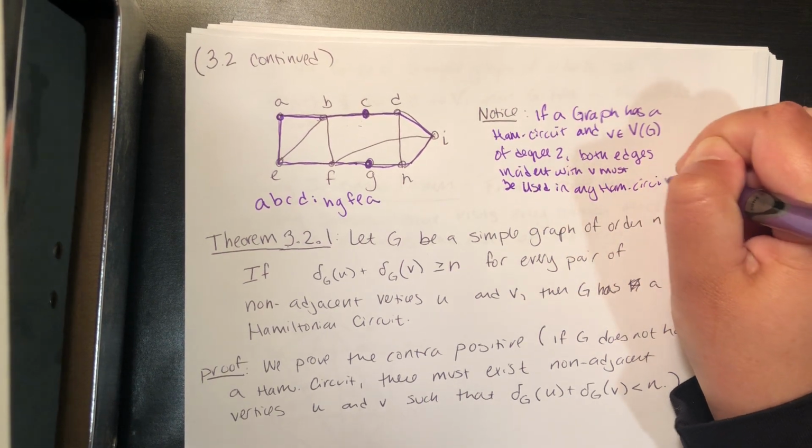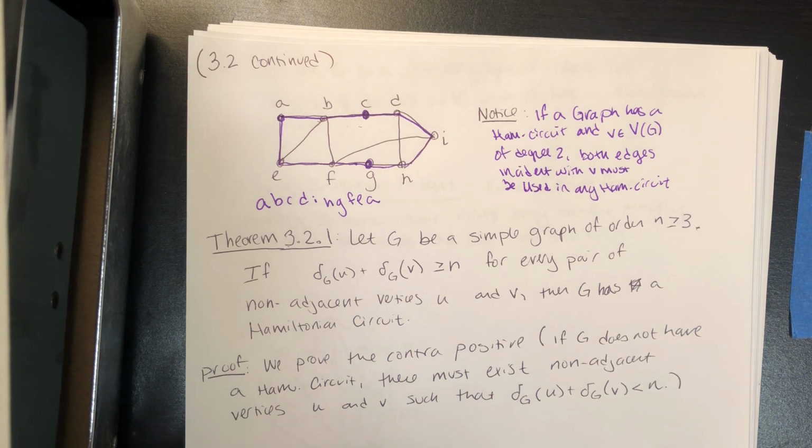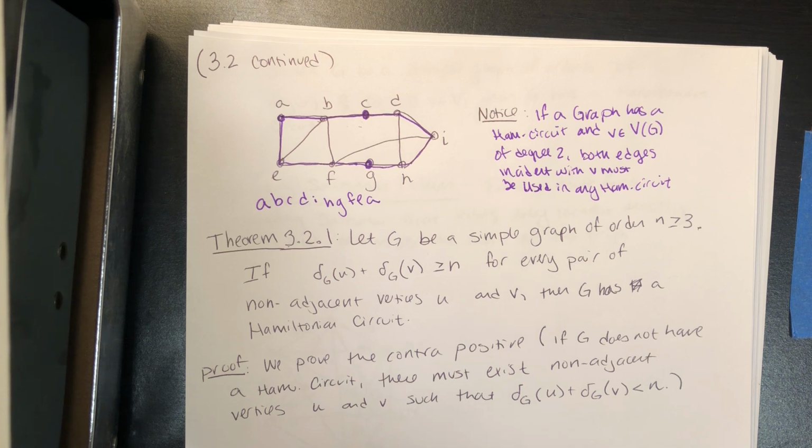Because the only way to visit and then leave that vertex without repeating a vertex is to use those 2 edges. So that's one way to help you in finding a circuit if you're given a graph. You know that if you have a vertex of degree 2, the 2 edges will be used for a Hamiltonian circuit if one exists.